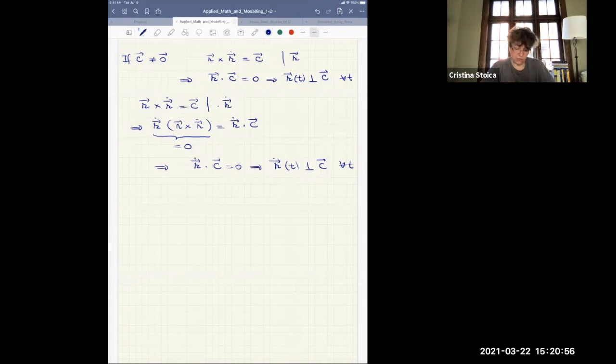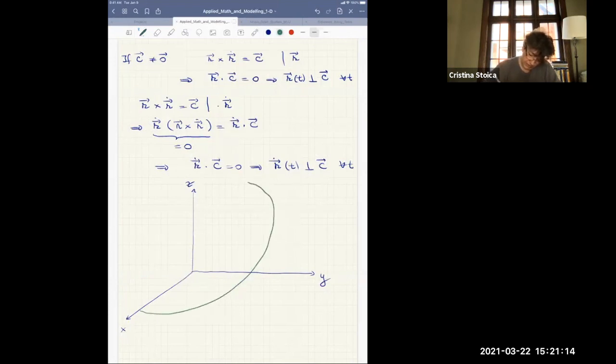So the motion, if I want to draw it, is something like this. Here is X, Y, Z, and I'm going to make this plane here. And here is my radius vector. It just stays in this plane for all values of T. So I would have an R at T0, then an R at T1, and then an R at T2.